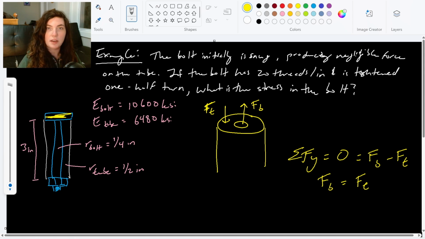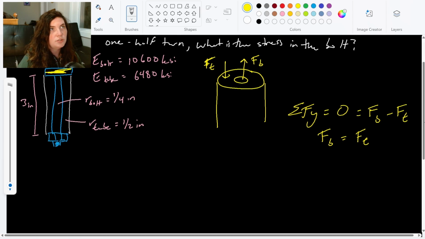That's simple enough, right? Now we'll work through our compatibility equation and load displacement so that we have a secondary equation to substitute force bolt equals force tube into, to solve for each of those. Because once we get the force of the bolt, then we can get the stress. That'll be pretty easy once we have the force.